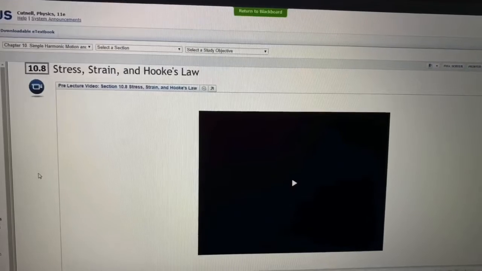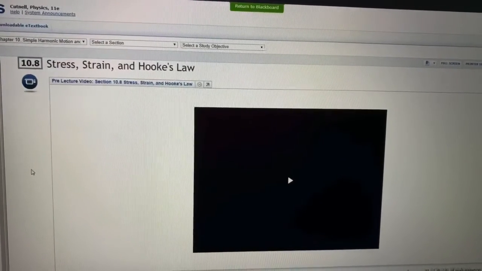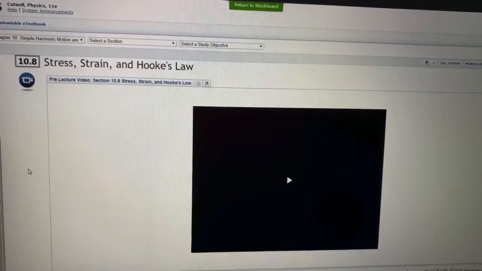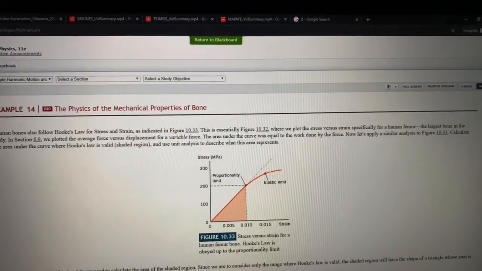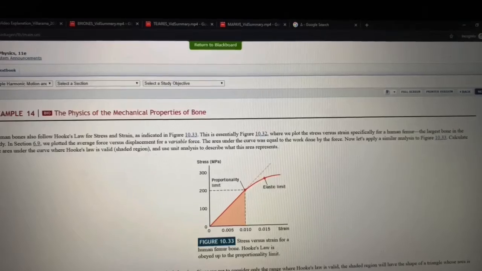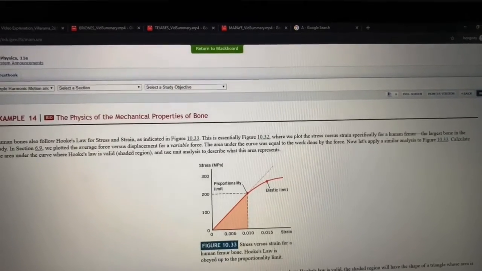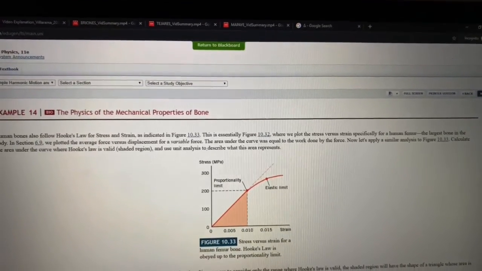And our last example is 10.8, which is stress, strain, and Hooke's law. Reading the example, human bones also follow Hooke's law for stress and strain, as indicated in figure 10.33.